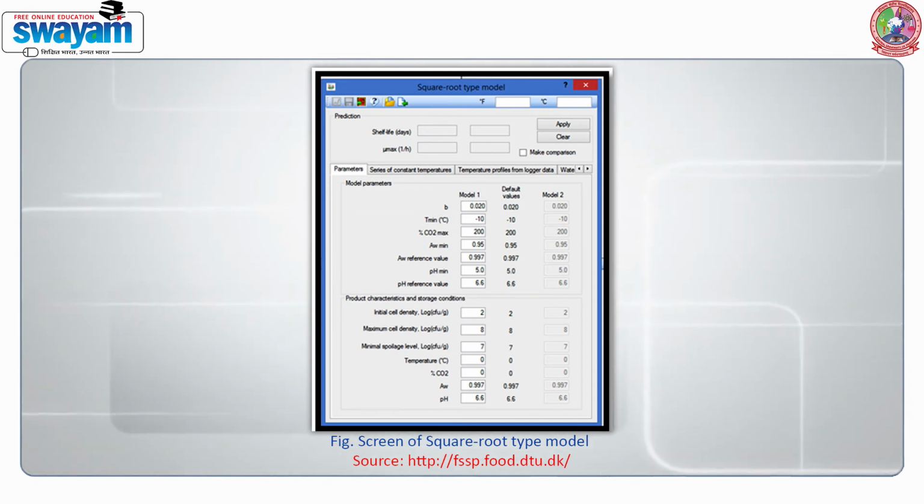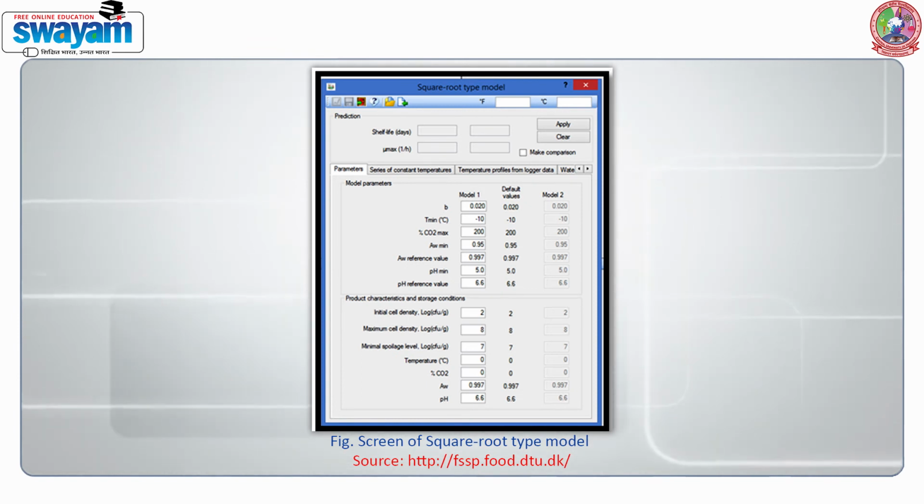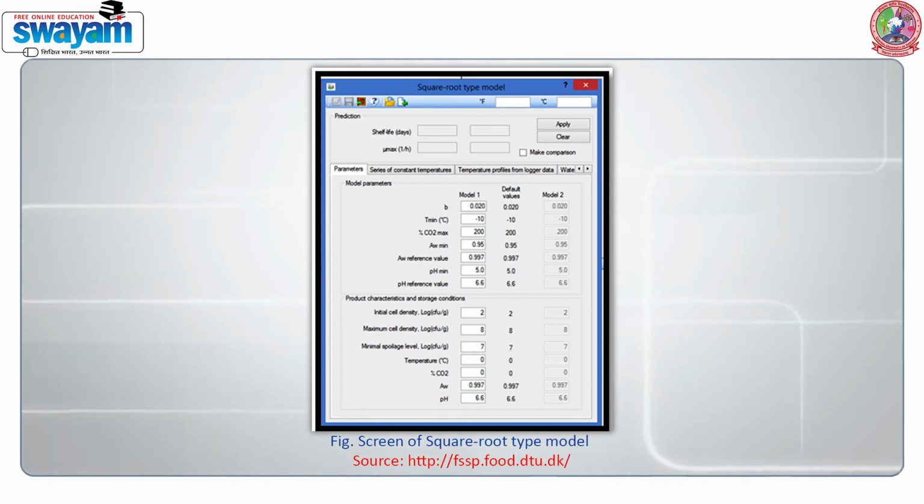These softwares are the square root type model, which is used again to predict how a pathogen or a microorganism is going to behave. We can pick up various sets of conditions like temperature, the percent CO2, we can also take how much is the cell density, we can also take what is the water activity, and all these parameters can be used to predict the shelf life of the food product.